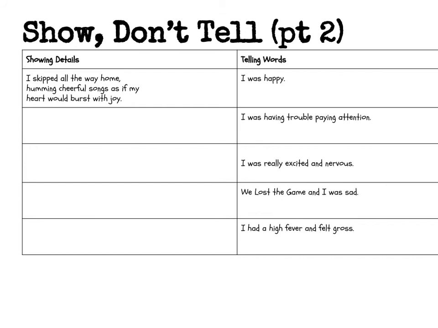So the example I have here is I was happy. Well, instead of saying that, I can show it. I skipped all the way home, humming cheerful songs as my heart would burst with joy. Right? So I can show my actions. I was skipping, I was humming, whatever. That is one way that we can show actions, not tell actions.